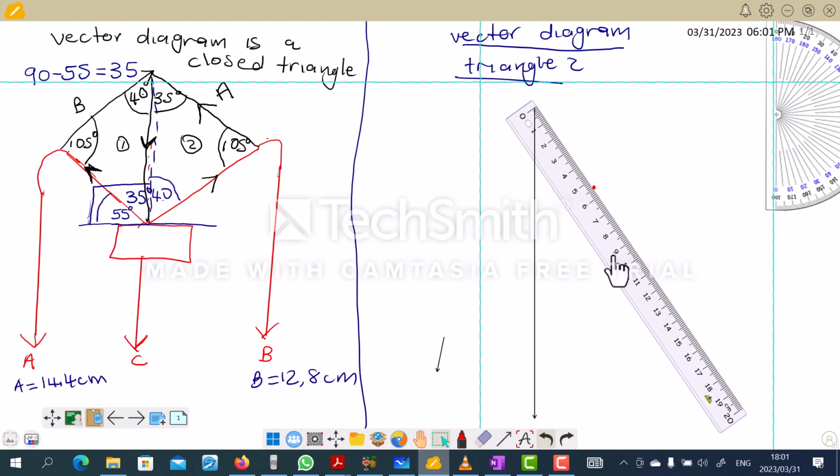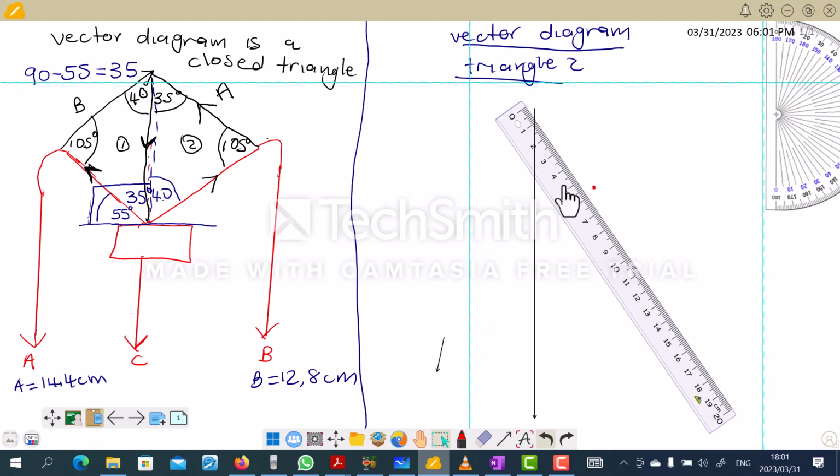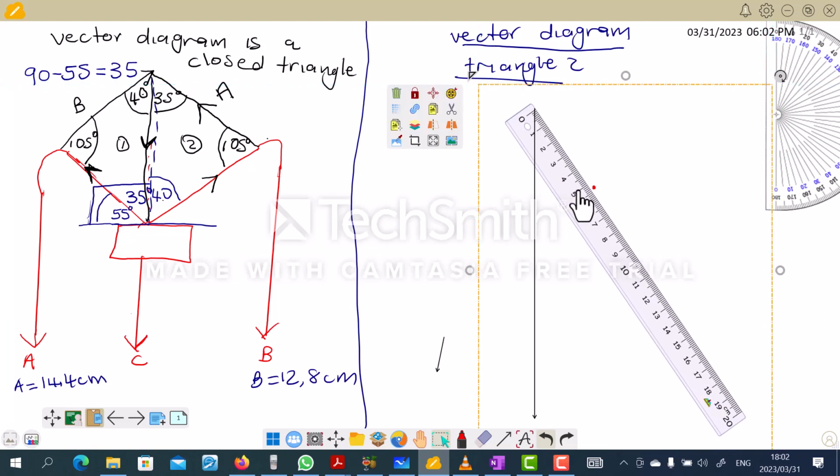So my zero must be where I started. Just a little bit off, but will you forgive me for that one? I can't do otherwise, but you can see what I'm trying to do.